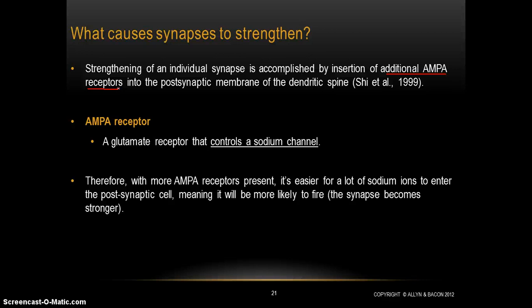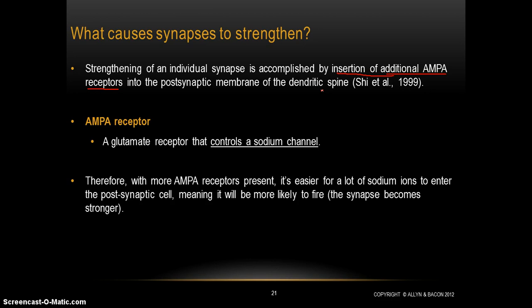And what's happening is that as a result of the molecular processes that we've already looked at involving the NMDA receptor, which when opened allows calcium to come into this cell, this is going to cause a chemical reaction that leads to the insertion of more AMPA receptors into the postsynaptic membrane of the dendritic spine.